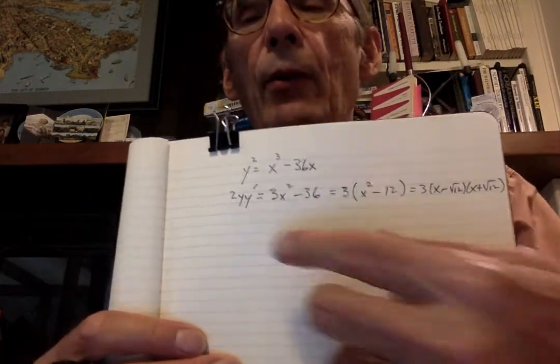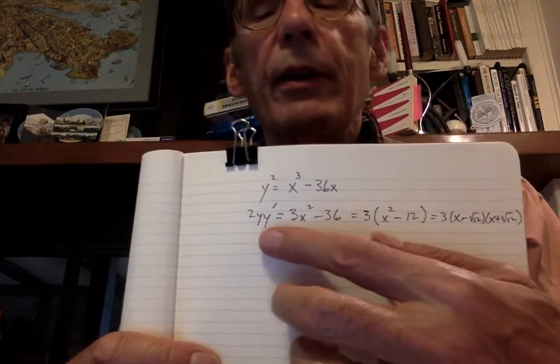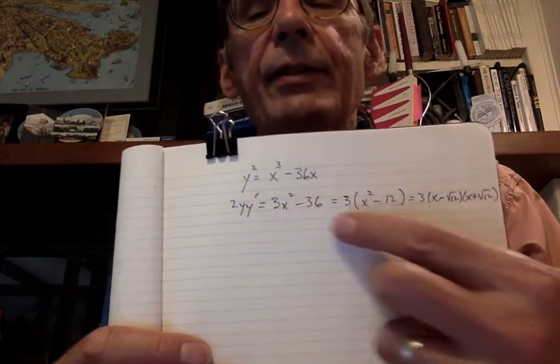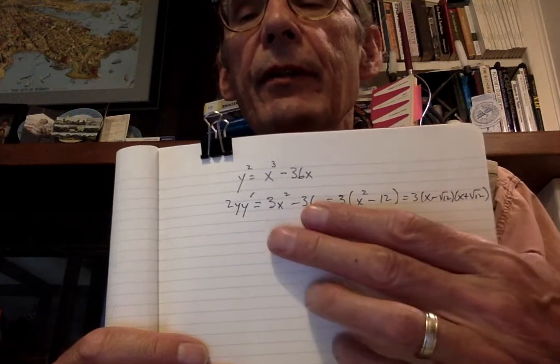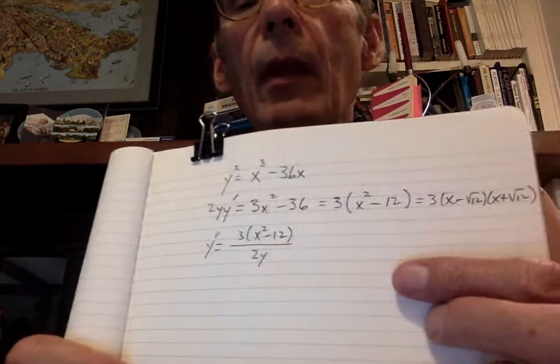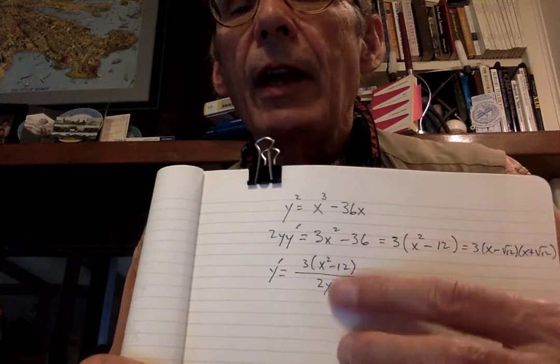So now we can see what's going on with the sign of the derivative. So we'll solve for y prime, and we find that y prime is equal to, I'll use the unfactored part on top, so it's a fraction. The bottom is 2y. The top is 3 times x squared minus 12. And so there it is.